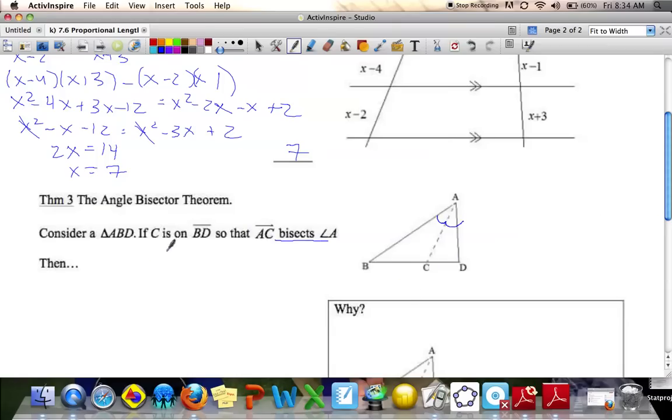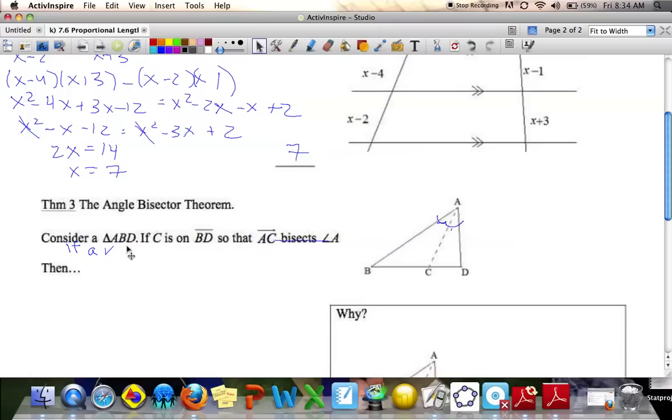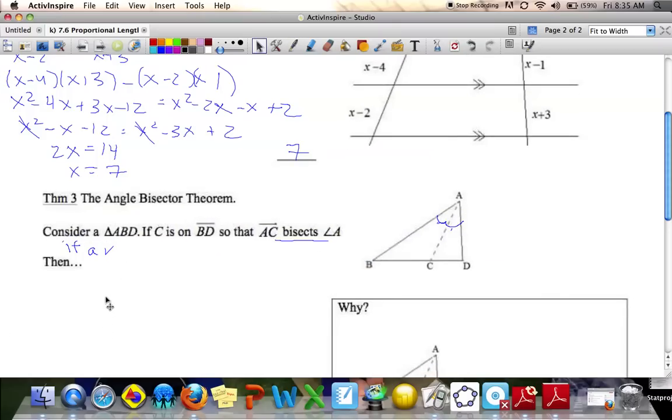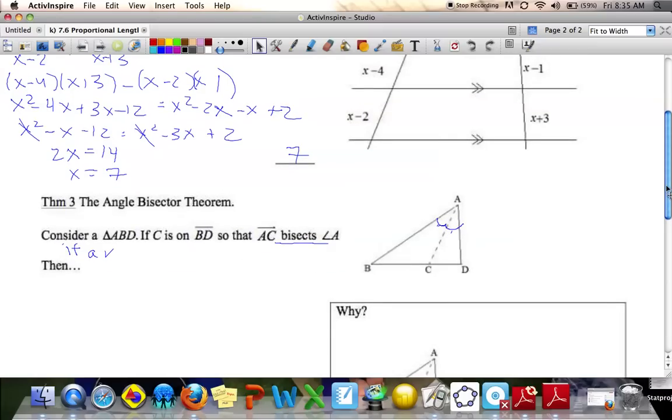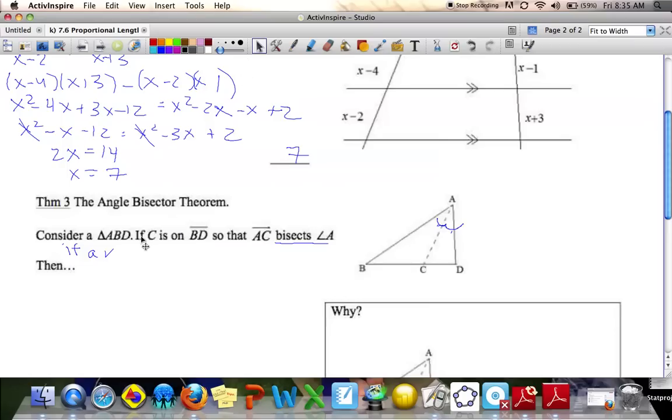So it turns out that if these two are congruent, I'm going to write it in words.